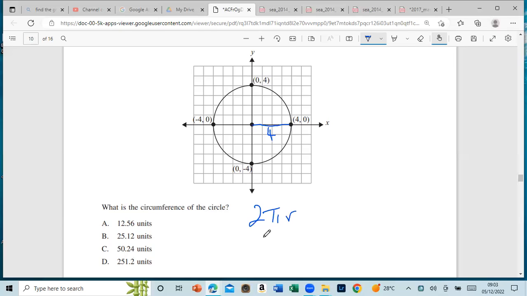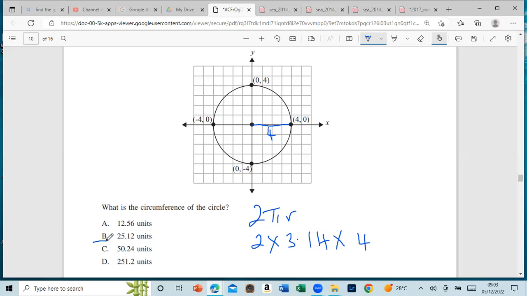If there's an easier way, guys, just leave that in the comment section. So 2 times 4 is 8. Let me see something. Hold on. 3.14 times 8.